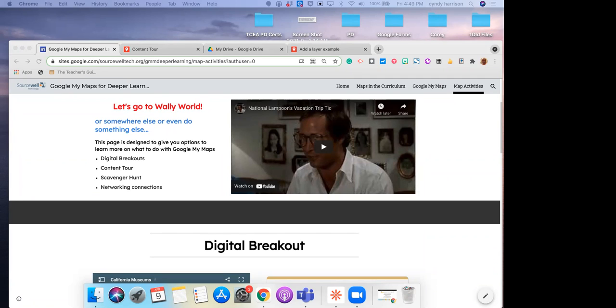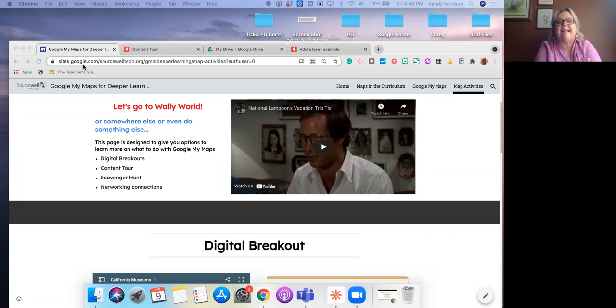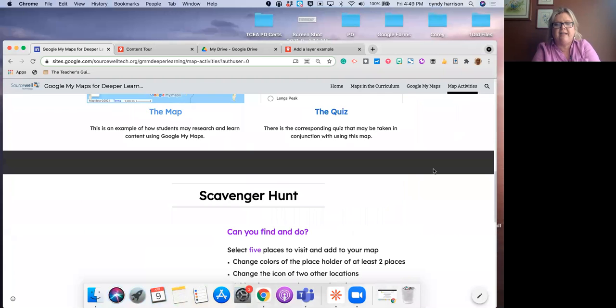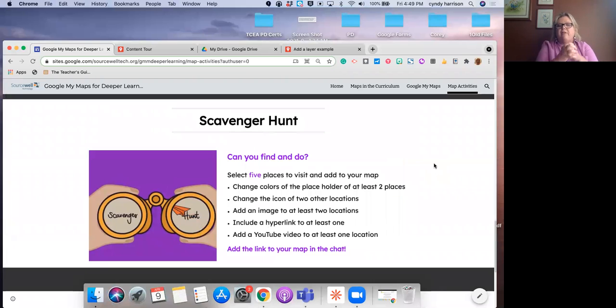In the 1 minute we have left, can you scroll back up? You were talking about doing scavenger hunts. Yes. How would you do that? So how I have it here is I'm just giving you something to do and practice. I was leaving it up to you to start the map for this particular thing, but if you want to already have a map designed, you could also have locations placed in there that they have to go do something at.